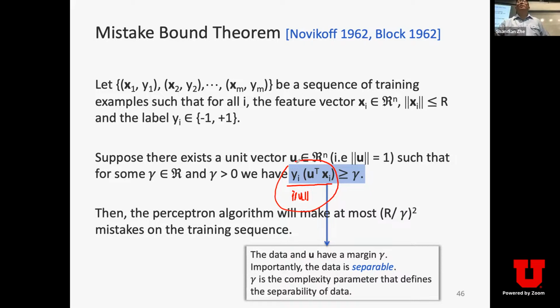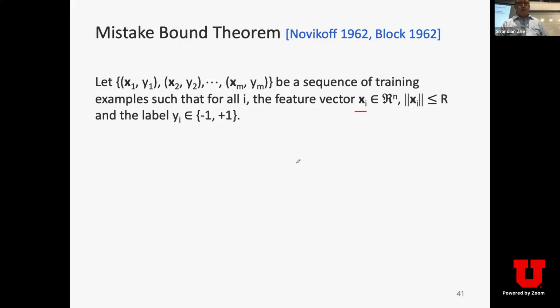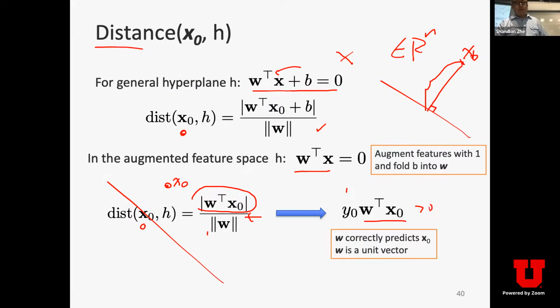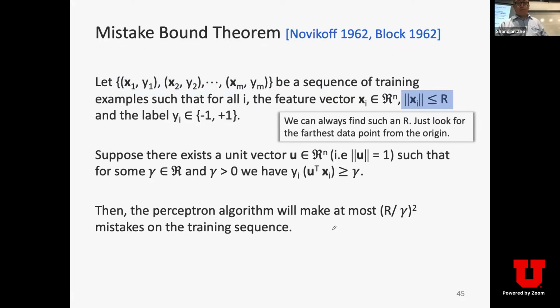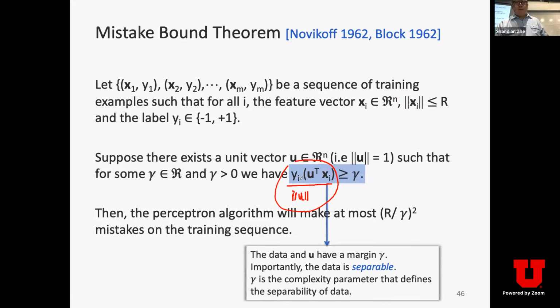Yeah, someone says it's distance. It's just what we have just reviewed. The distance is here. And remember, because it can predict every training example, you can replace this absolute value by the label multiplying with the classification score. So you can see that the label multiplied by the classification score divided by the norm of u is the distance.